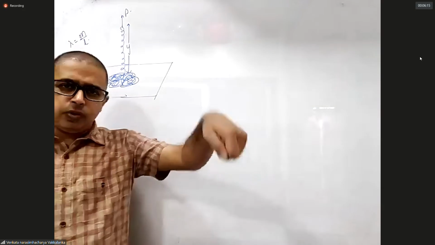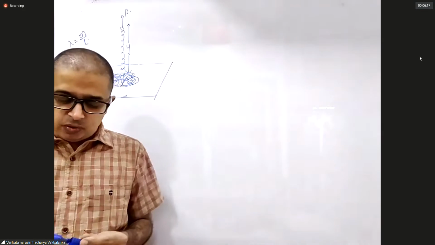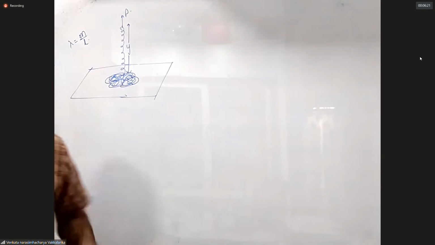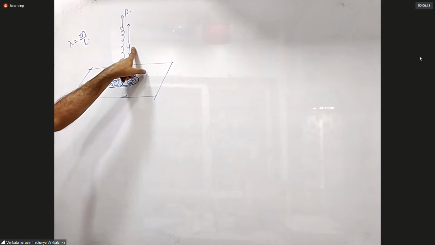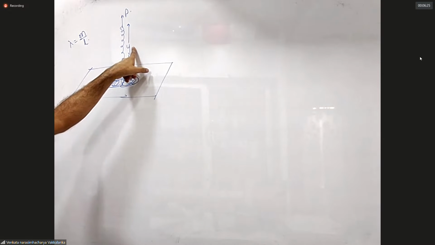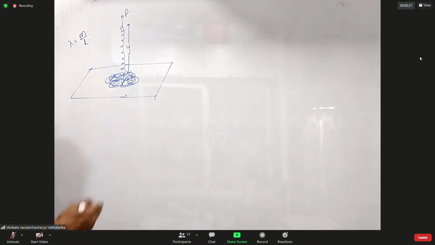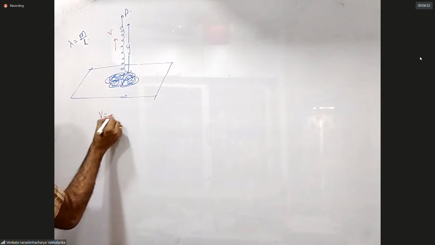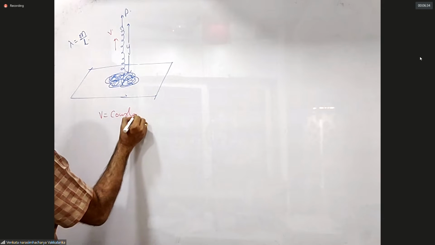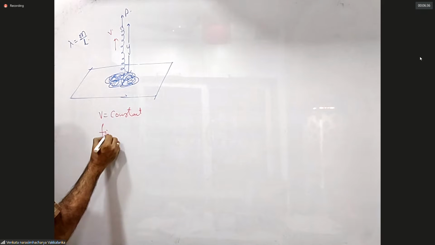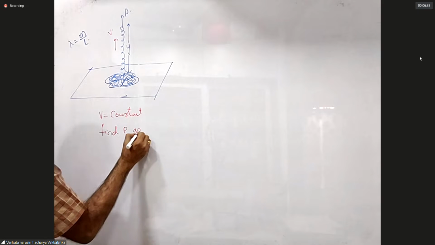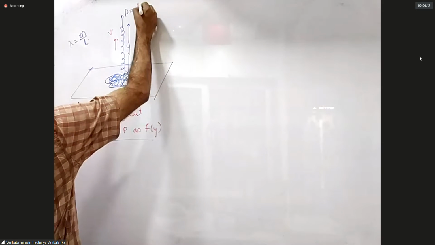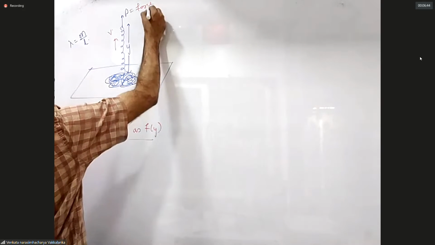You're pulling this in the upward direction with a force of P. They ask you to find P as a function of y, so that the chain is moving with constant velocity. V is constant. Find P as a function of y. P is the force applied.